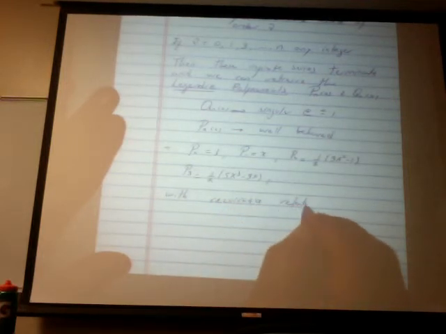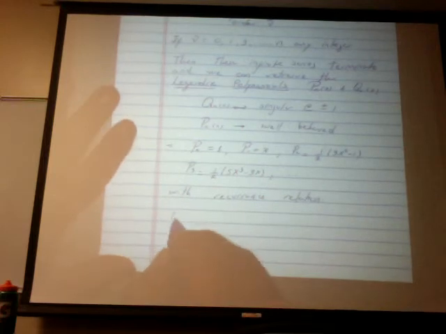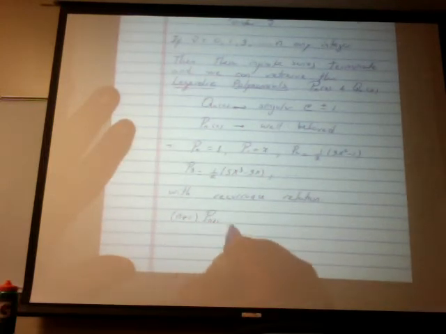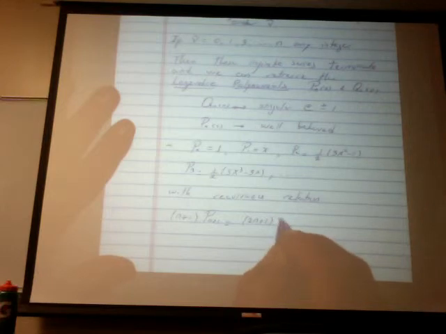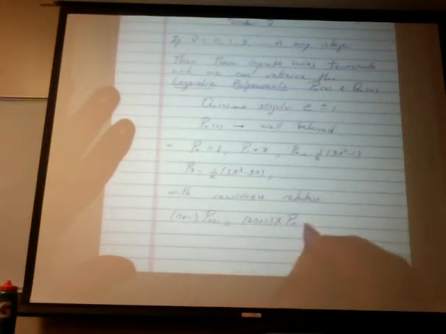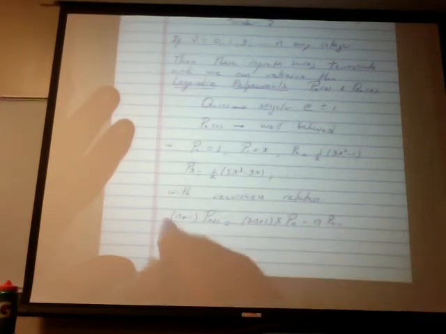relations. (n plus 1) P_{n+1} is equal to (2n plus 1) times x times P_n minus n times P_{n minus 1}.